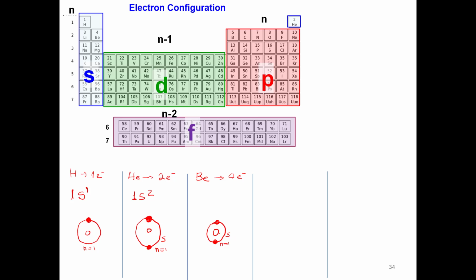We know this orbit cannot hold more than 2 electrons. And let's move to the next. n equal 2, and this will be s. Yes, it can be s and p, but we need just s, which can hold 2, then it's 2 electrons. And we had 4, then we don't need to draw any other subshell. We had 1, 2, 3, 4. This is all the electrons.